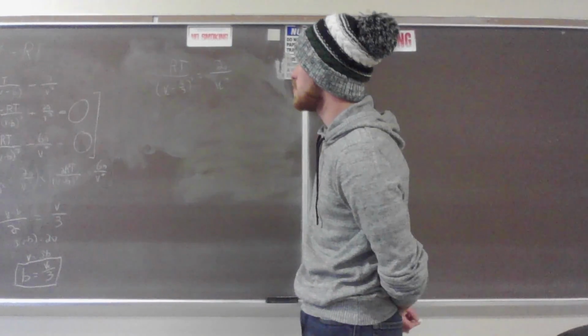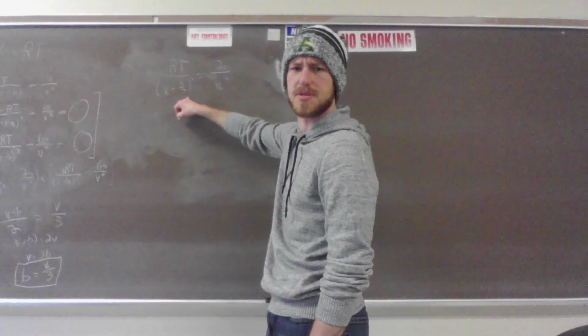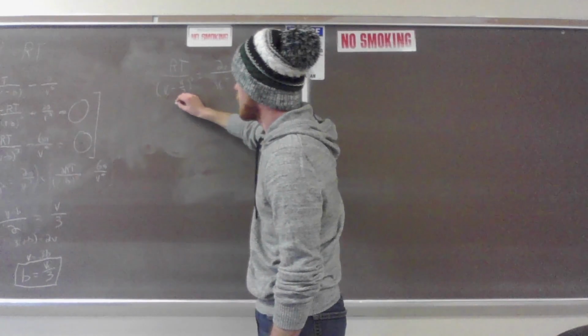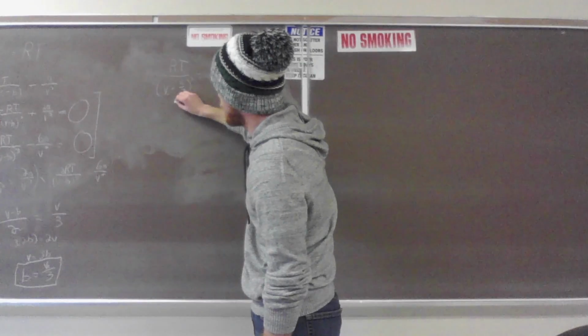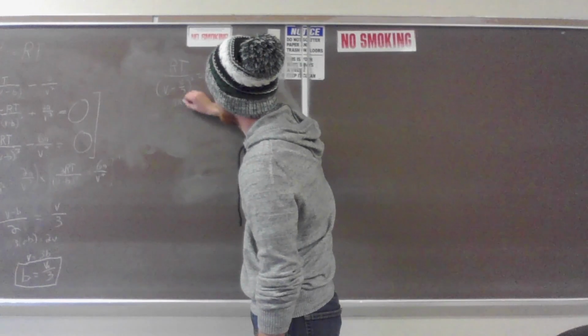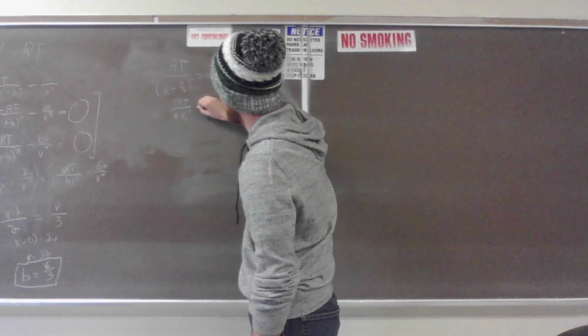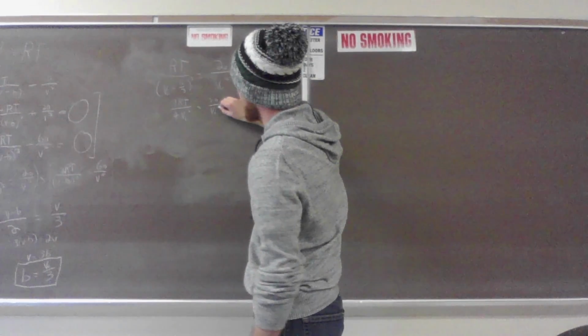And as we continue to do our algebra, we can see that this just becomes VC times 2/3, that being squared, becomes 4/9. So 9RT over 4 VC squared is equal to 2A over VC cubed.